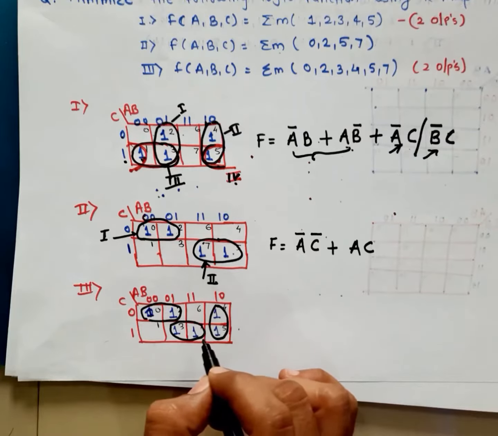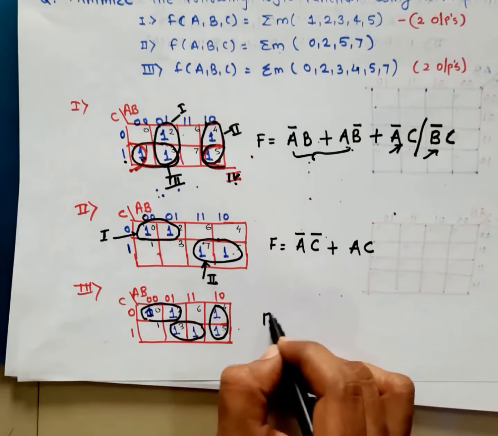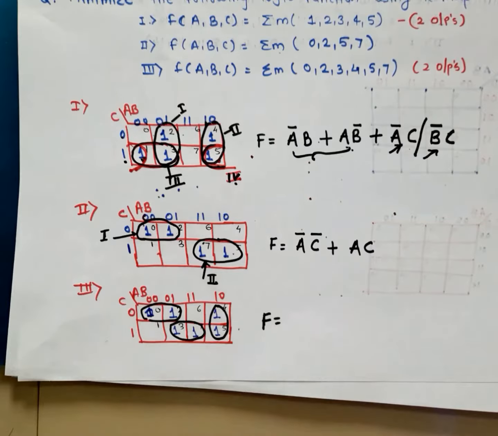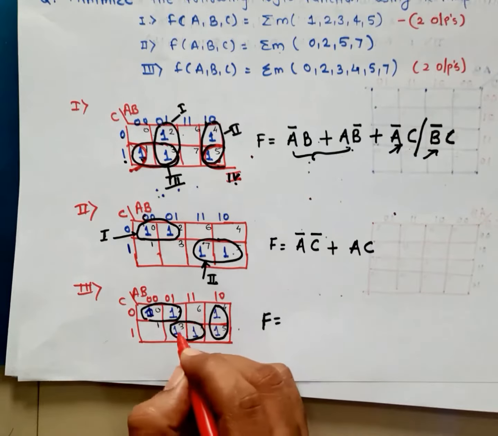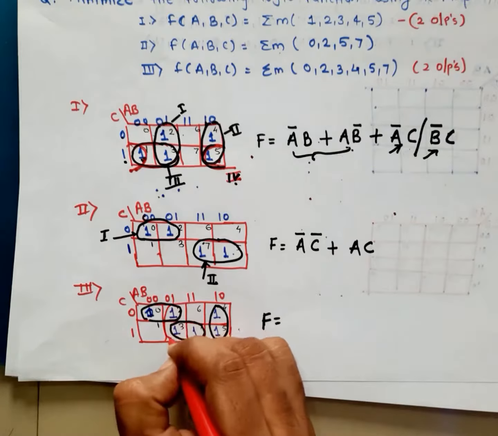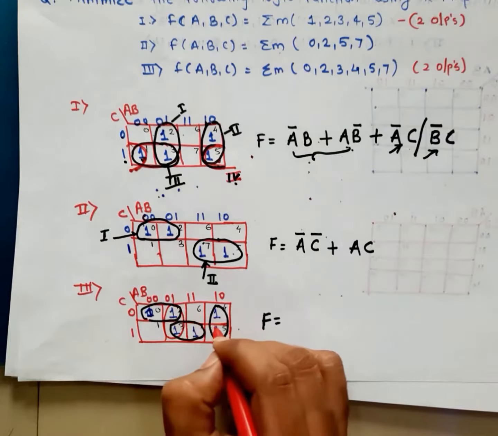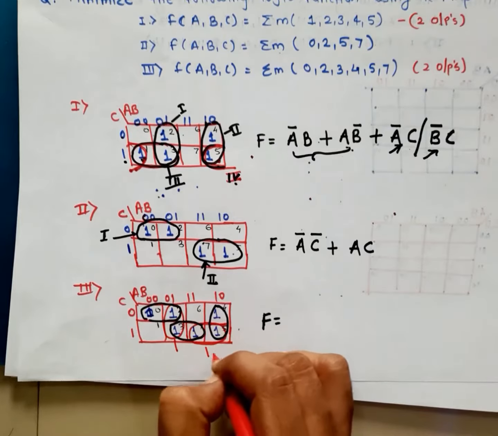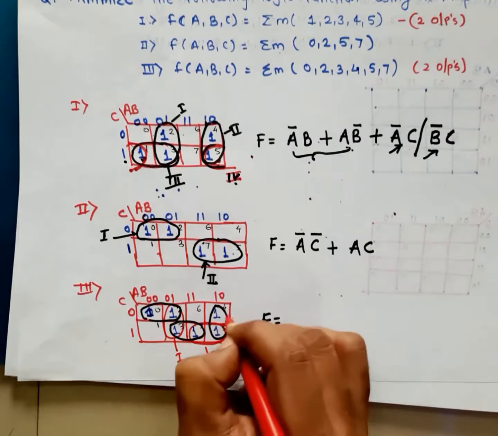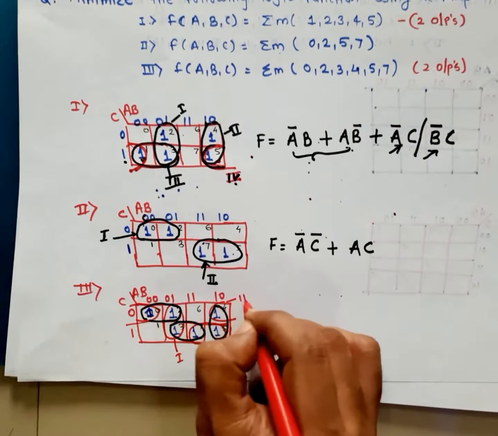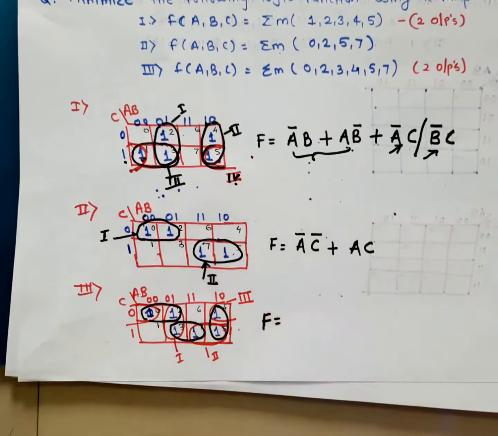So not more than 3 terms should be in your final equation. While making groups, someone may consider this one group, this a second group, and this a third group. So there are 2 equations.